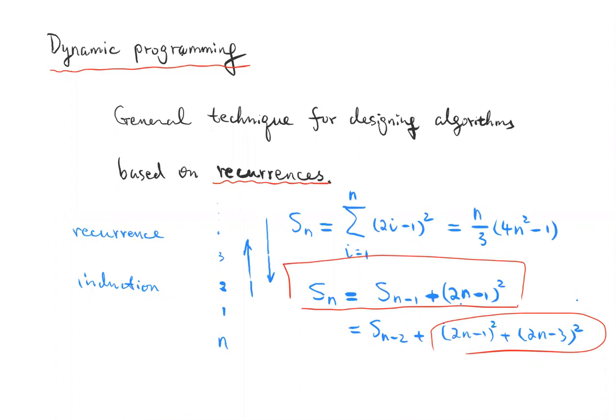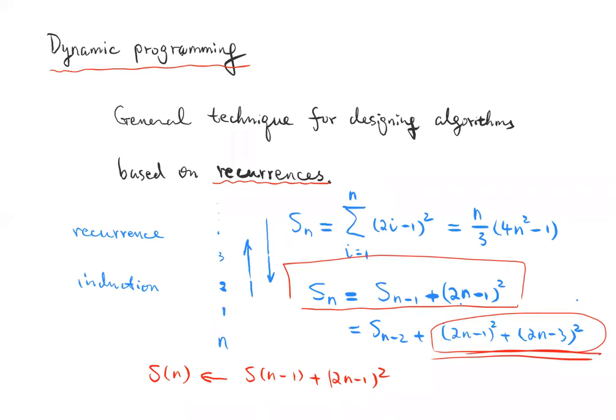So if we use the recurrence relation, we just declare a function and compute it by recursive calls. This function computes Sn minus 1 plus 2n minus 1 squared. The tedious details will be carried out by the computer.